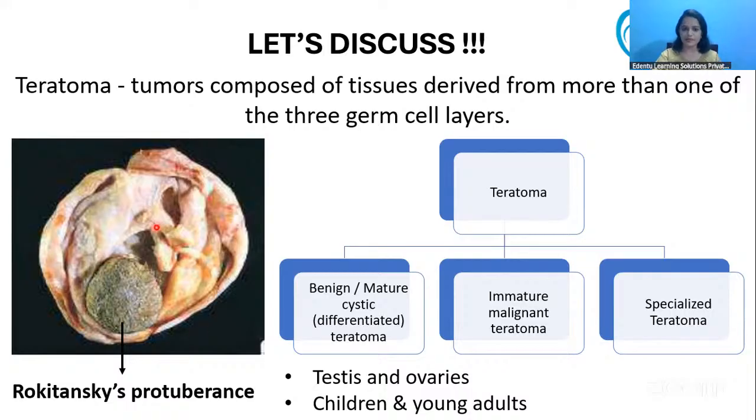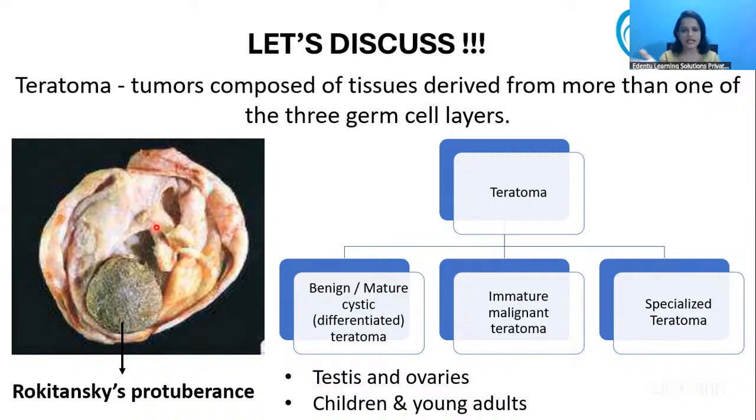Because it is formed from the 3 germ layers, any structure can be seen in this tumor. Ectodermal structures like skin, hair, nails, or teeth can be seen, mesodermal structures like bone can be seen, and endodermal structures can also be seen inside this teratoma.